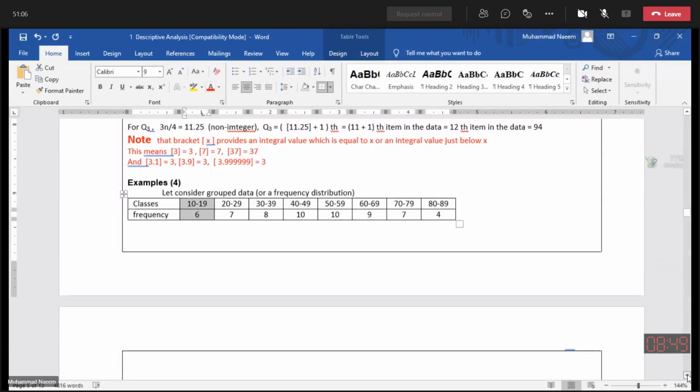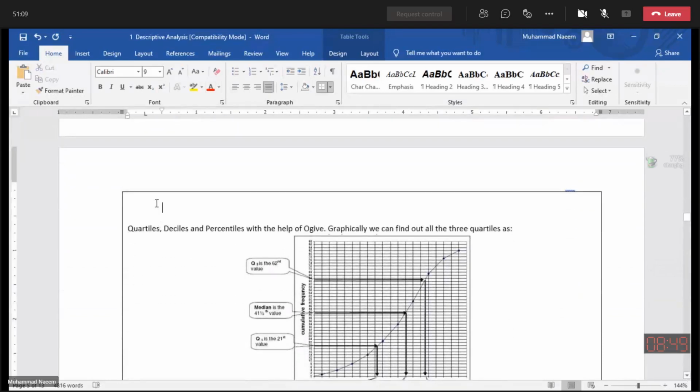So for this situation, let's say we need to calculate the median, first quartile, 7th decile, and 45th percentile.